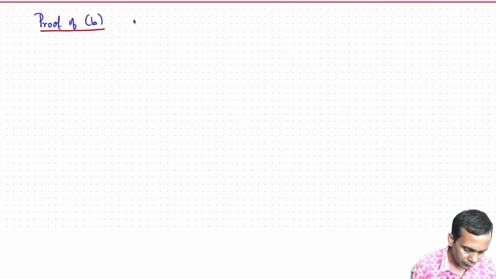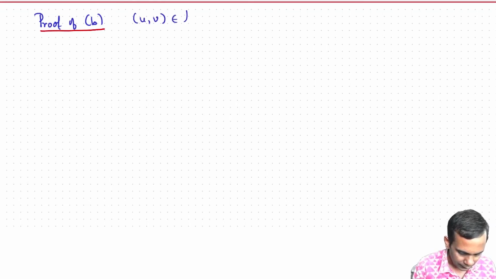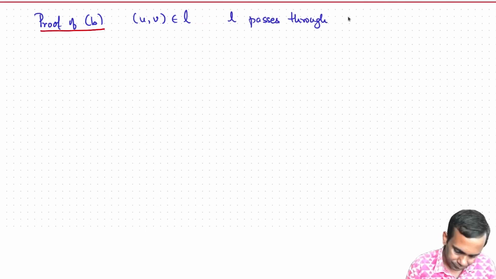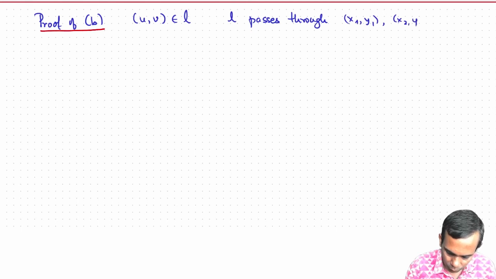So we have a point (u, v) in the line L, where L is the line passing through x1, y1 and x2, y2.